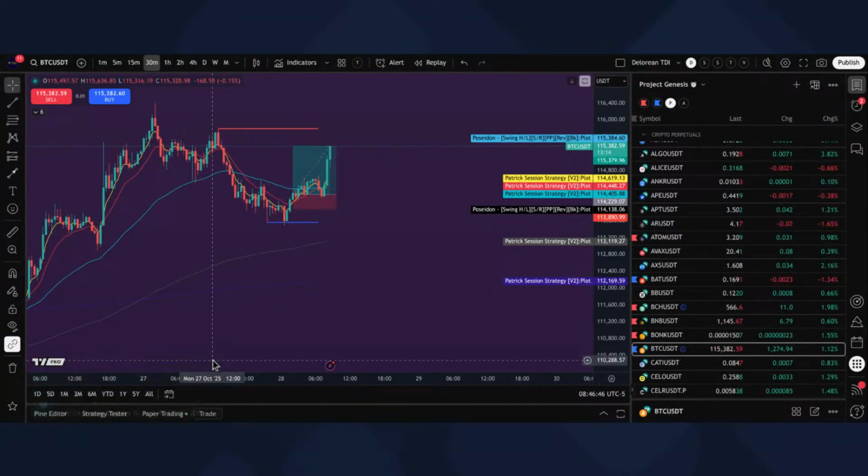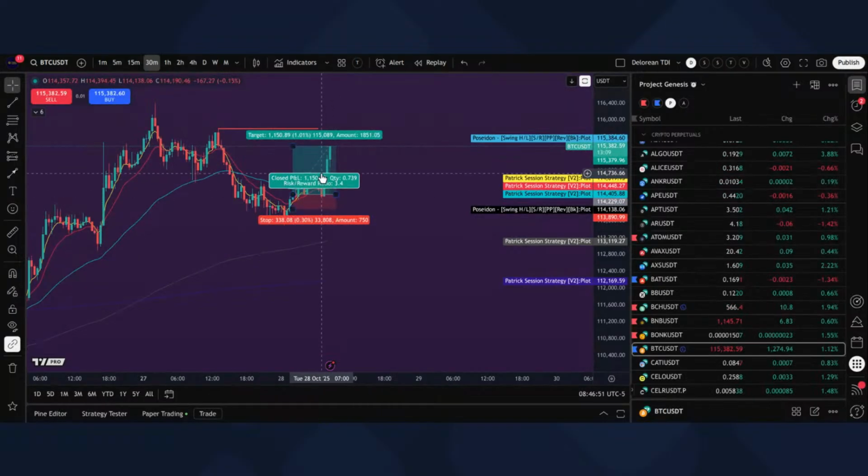Voila! Take profit hit on Bitcoin versus Tether. Congratulations for those of you that took the trade last night. 115,089 pips.